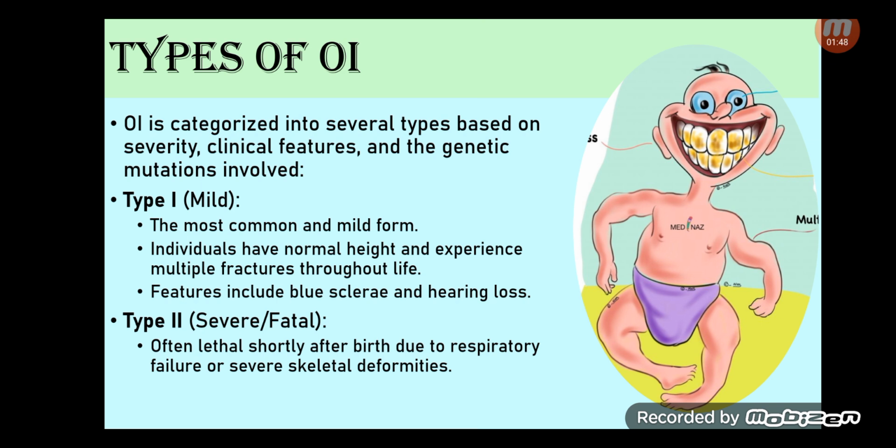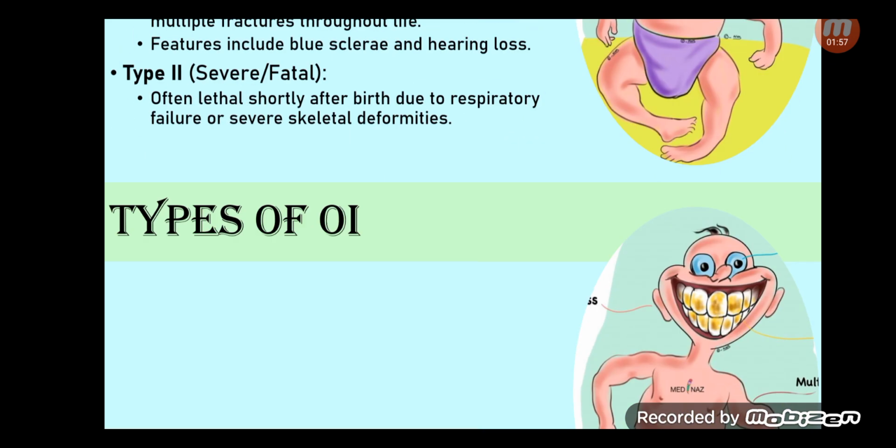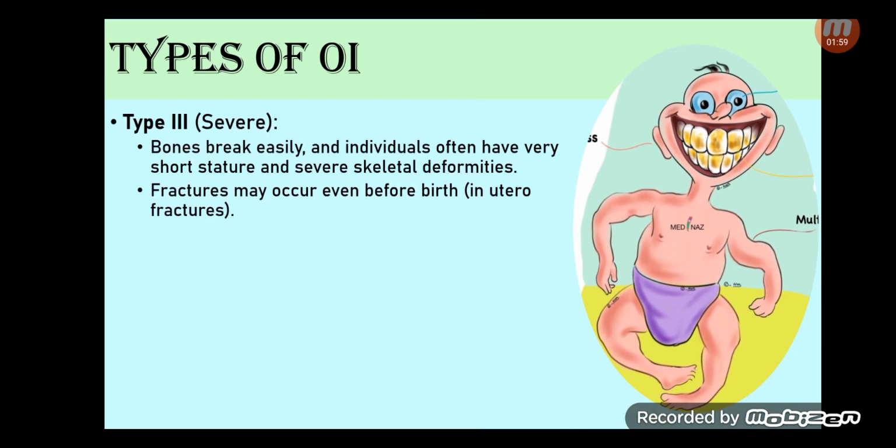The second type is type 2, that is severe or fatal. It is often lethal shortly after birth due to respiratory failure or severe skeletal deformities. Third type is type 3, that is severe. Bones break easily and individuals often have very short stature and severe skeletal deformities. Fractures may occur even before birth, in utero fractures.